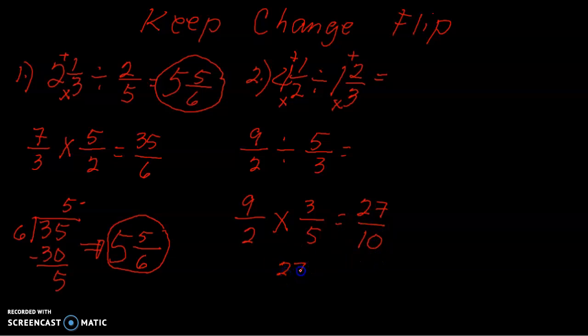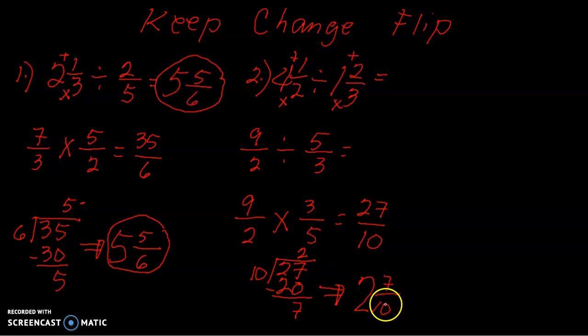So, 27 divided by 10 gives you 2. 2 times 10 equals 20. 27 minus 20 equals 7. So, the quotient is 2, which will be your whole number, and the remainder, 7, becomes your numerator, and your divisor, 10, becomes your denominator. This is now your final answer.